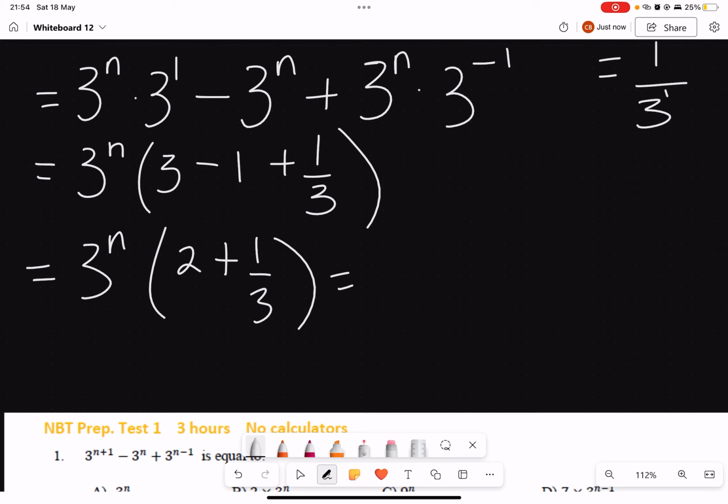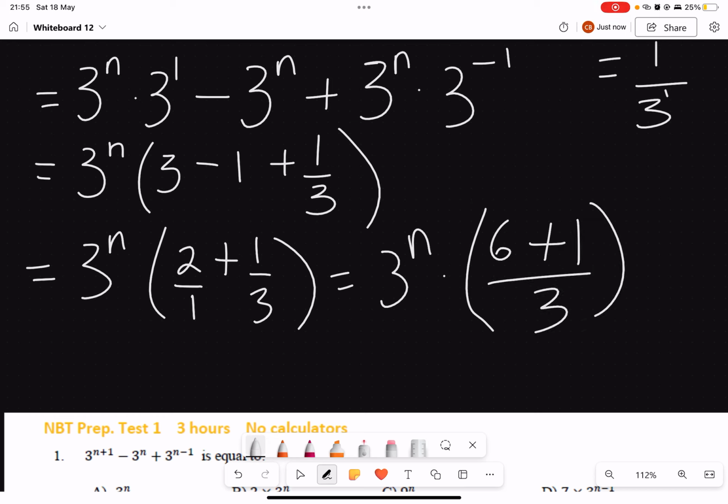And then I have 3 to the power n multiplied by, you can see that this is over 1, so we need to do LCD there. So I'm going to multiply both the top and bottom by 3. So 2 times 3 is 6. And then it's going to be plus 1, all over 3. Then we have 3 to the power n, then you have 7 over 3.